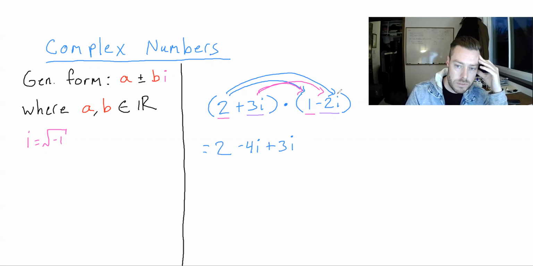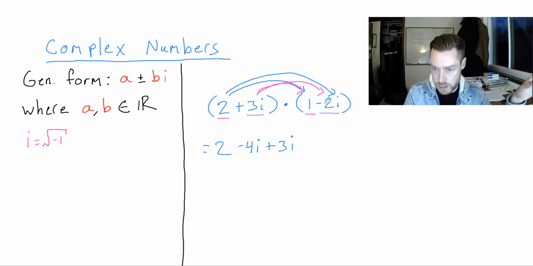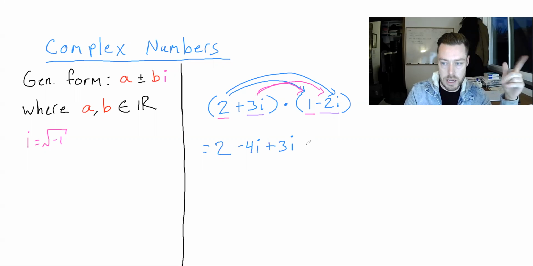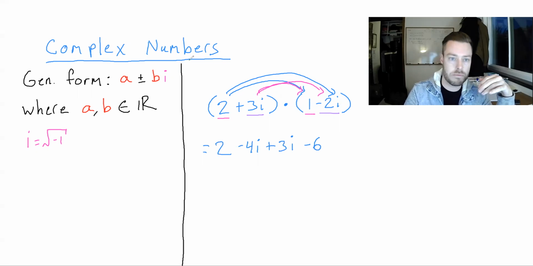Okay, so first things first, let's figure out the sign. So positive 3i, negative 2i. Negative wins, right? Positive times negative, when you're multiplying, negative always wins. So negative. All right, take your numbers, in this case it's a 3 and a 2. Multiply them together, put it there. 3 times 2 is 6. Now you're left with i multiplied by i.